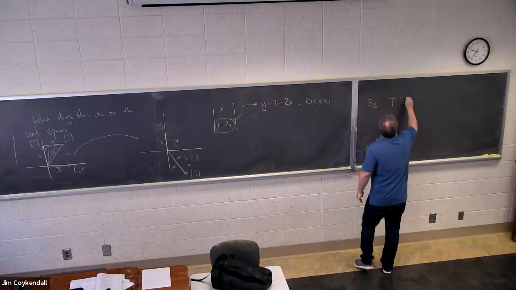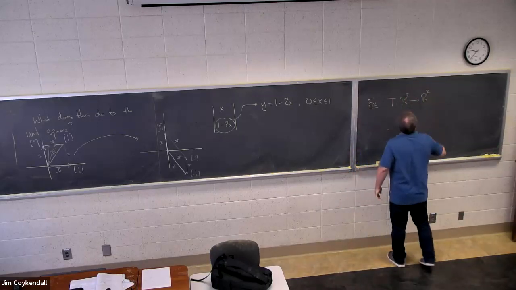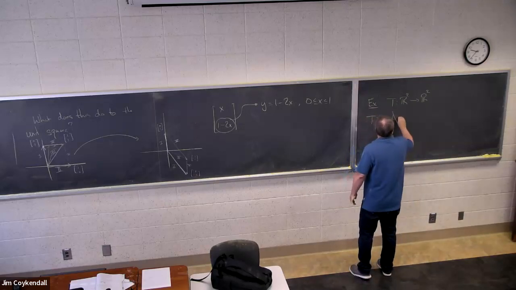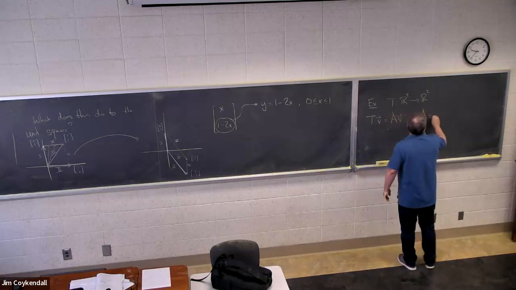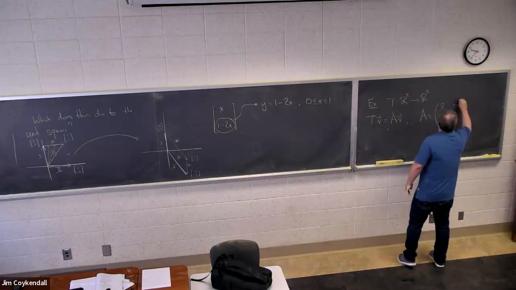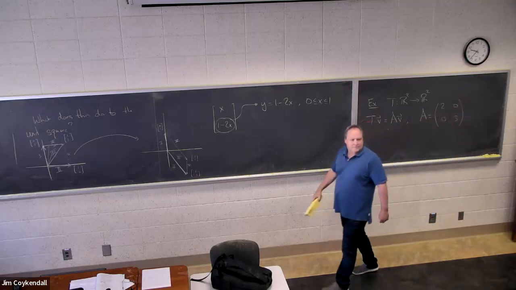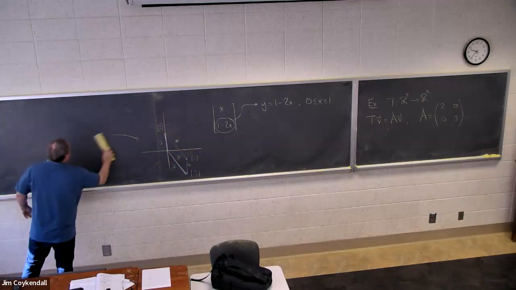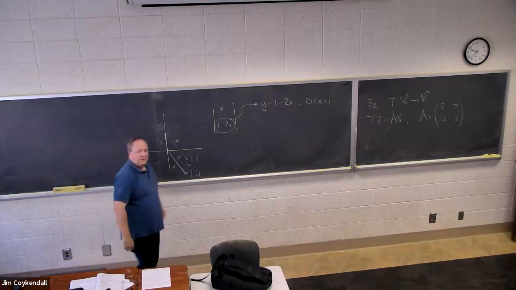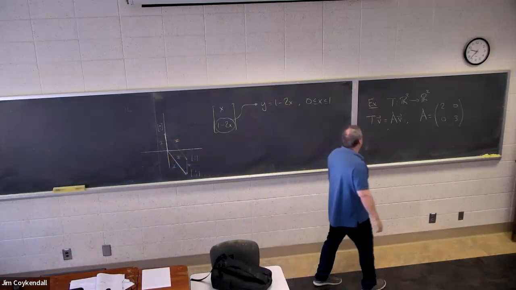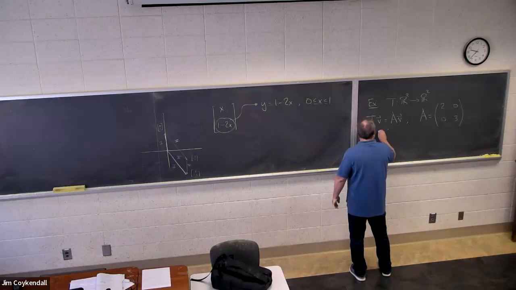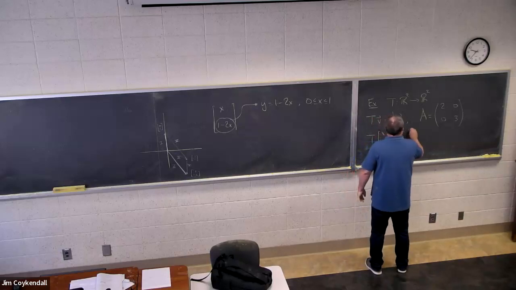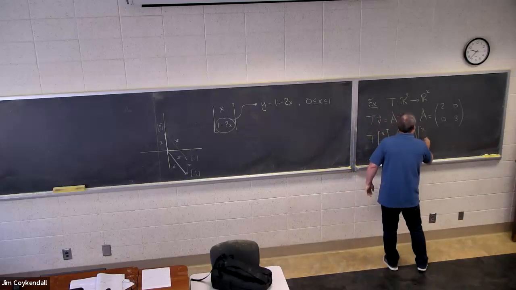Let T go from the square to a square. I want T of vector v to be Av, where A is the matrix shown. In a certain sense, this one is pretty easy, because if you look at T of (x, y), this is A times (x, y).